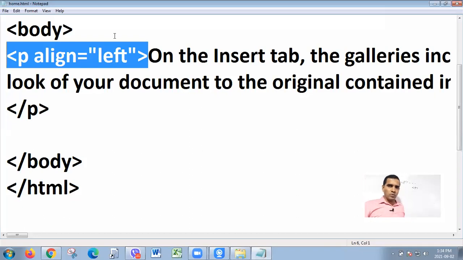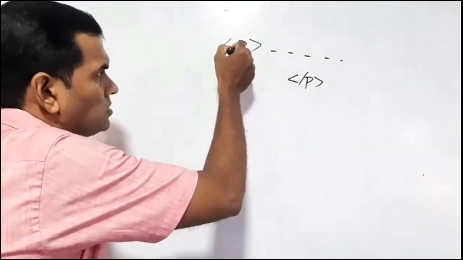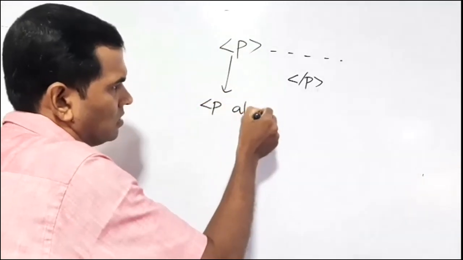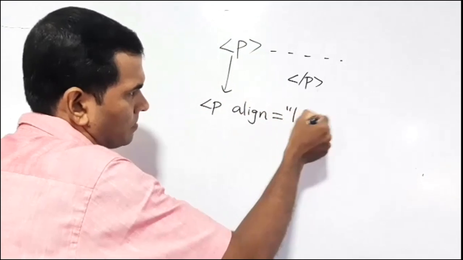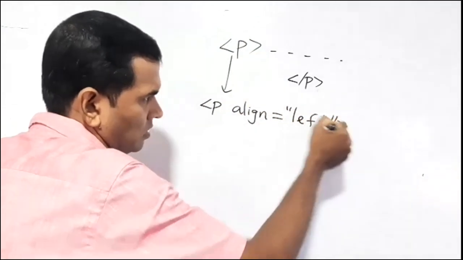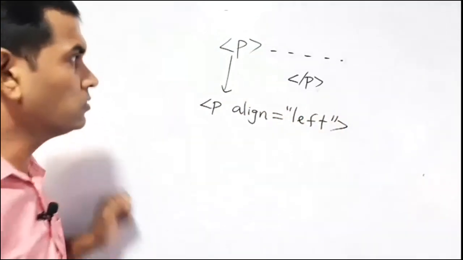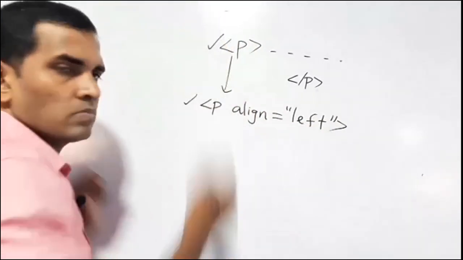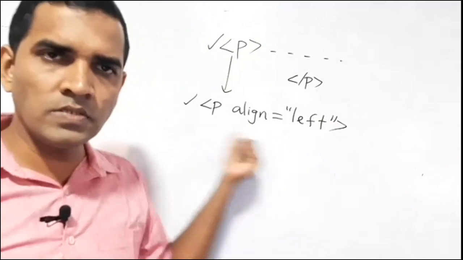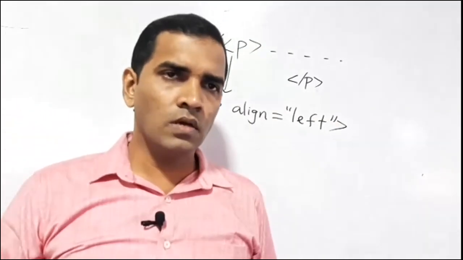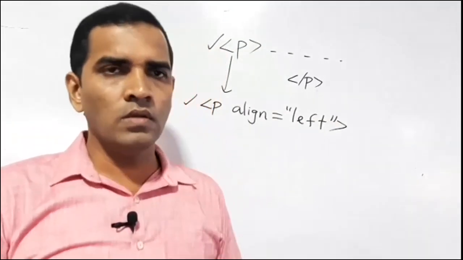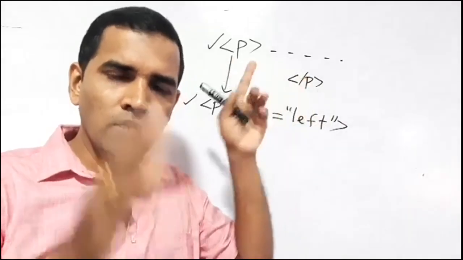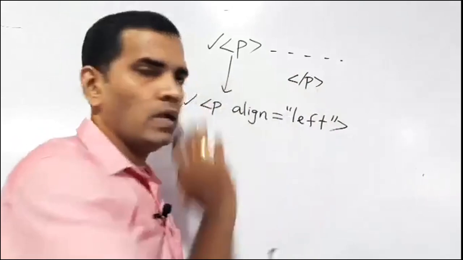Okay, from the browser's point of view, this P and P align left are the same. Reading this P and reading this line is the same, because left has been set as the default alignment in HTML. So when the browser reads P, it knows it is going to be aligned left.